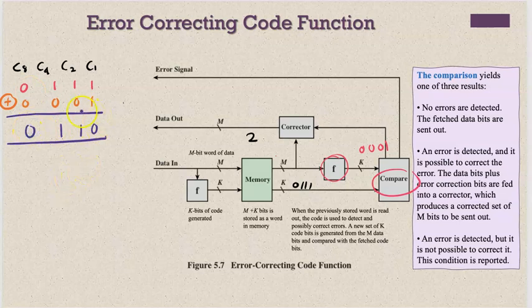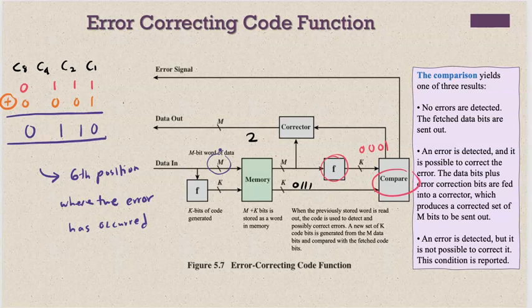So from this comparator, I got the bit value 0, 1, 1, 0, which tells me that this is the 6th position where the error has occurred. And I look back at my input memory and I will correct the 6th position.